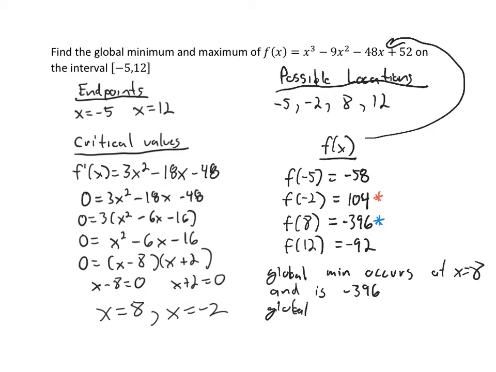The global max occurs at x equals negative 2 and is 104.